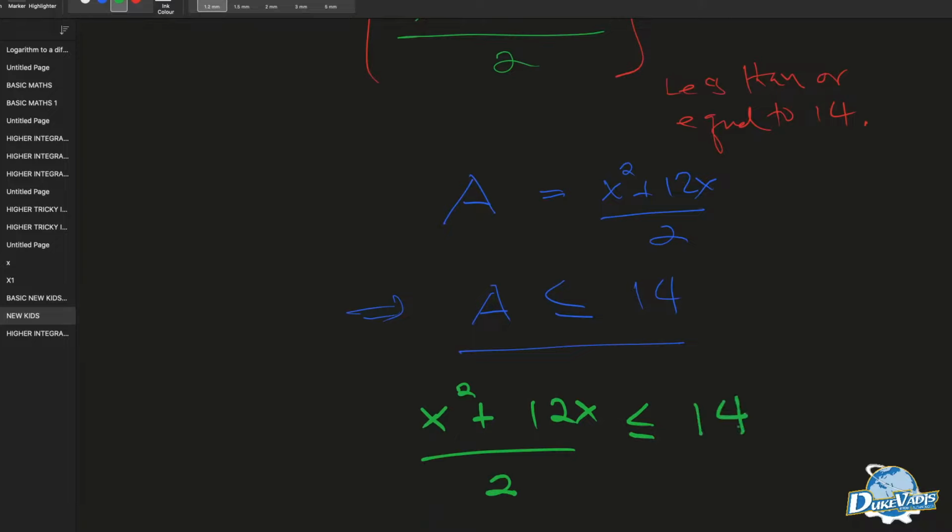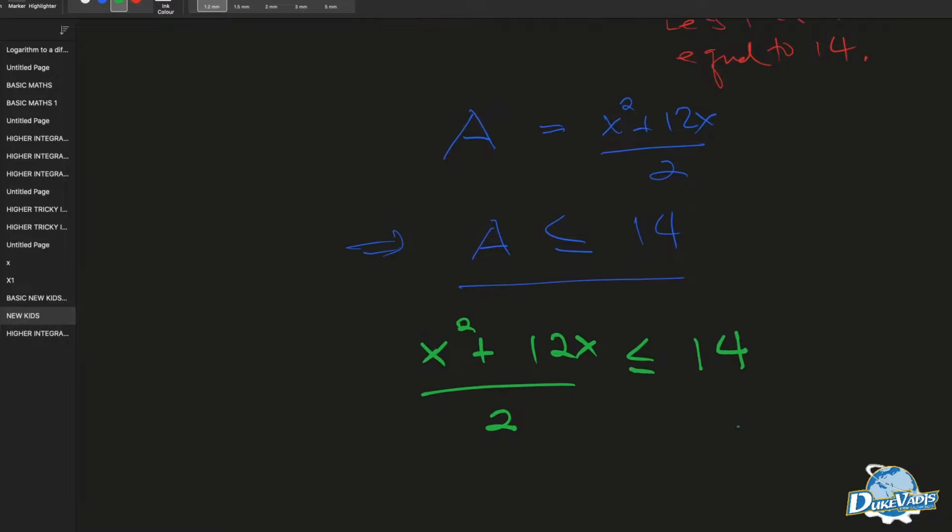Right, so that's what we have. Friends, we have to find a quick way to resolve this so that we'll be smiling.